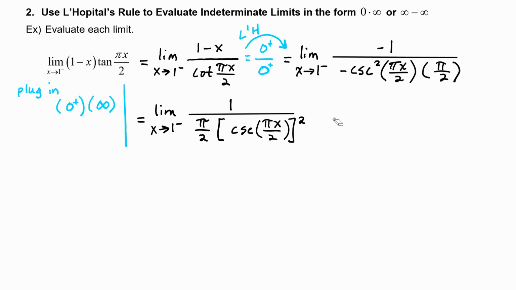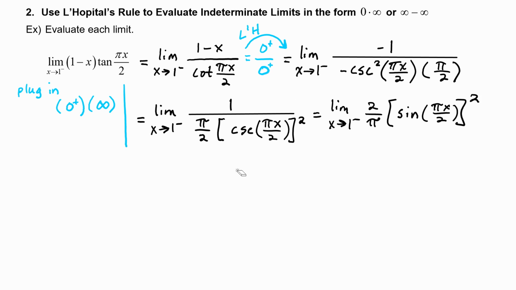Now, most of us think better in terms of sines and cosines, so it would be okay if we rewrote this as the limit as x approaches 1 from the left of 2 over pi times the sine of pi x over 2 squared.